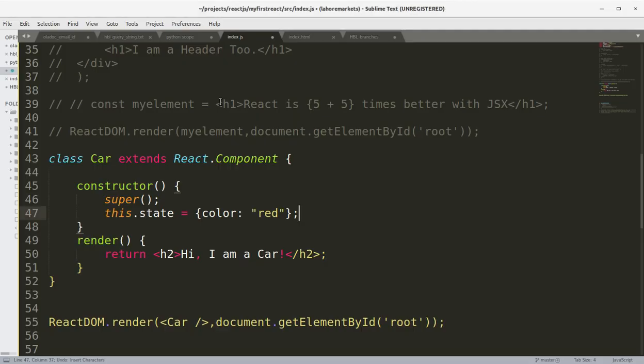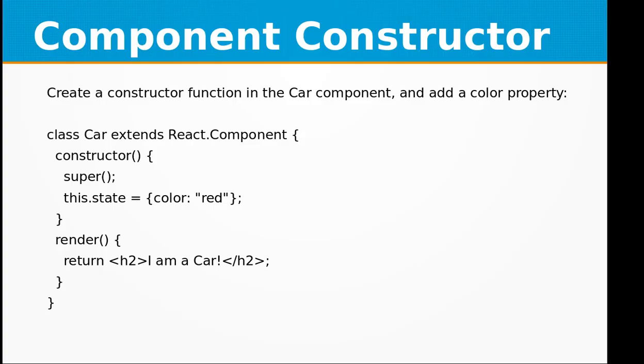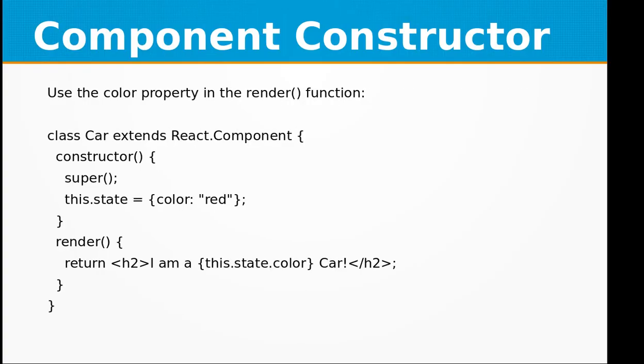Okay, and that's it. But as you can see, we haven't used this state variable anywhere. So now we are going to use the color property in the render function.